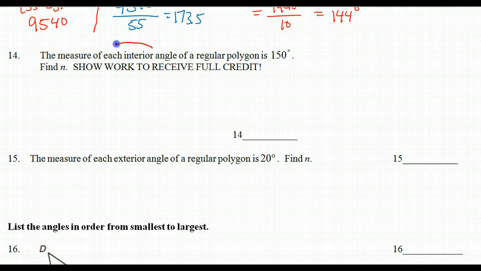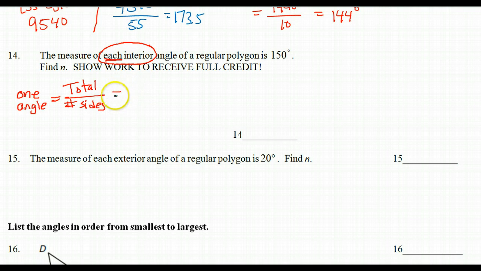Again, we're supposed to find the measure of each interior angle. As soon as you see that we're finding one angle, you're going to set up our little formula. Okay, one angle is always going to equal the total divided by the number of sides.